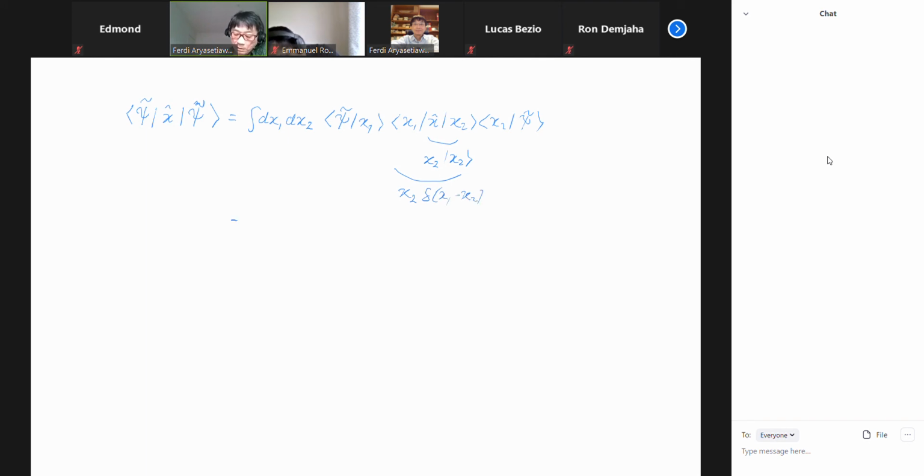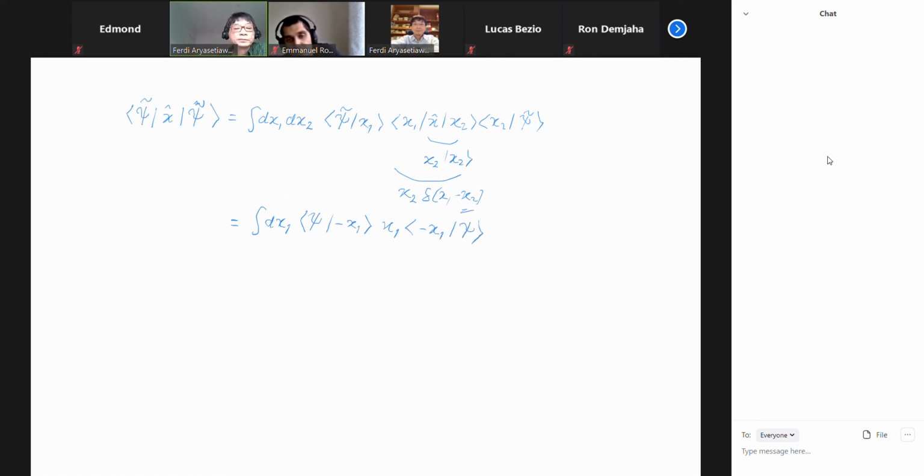So we integrate one of these variables, let's say x2, then we end up with psi. Why do I have psi here? Ah, yes, that's because the previous result that we have, this is equal to that one. And we have x1 here because of the delta. We have minus x1.